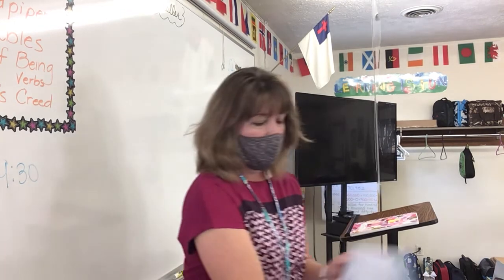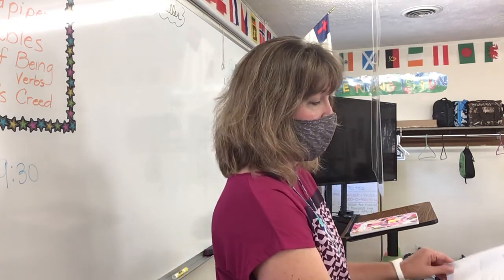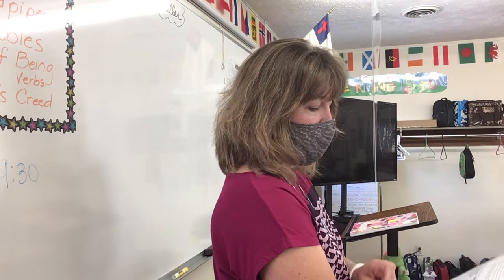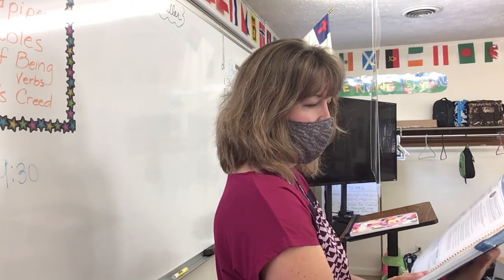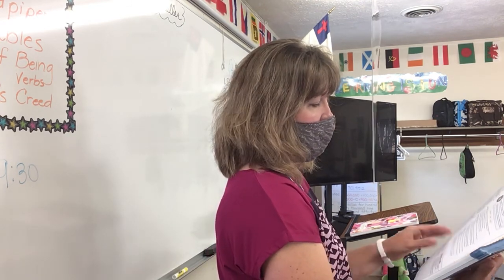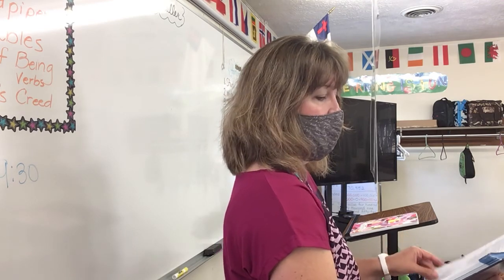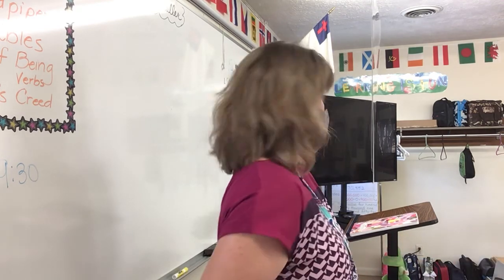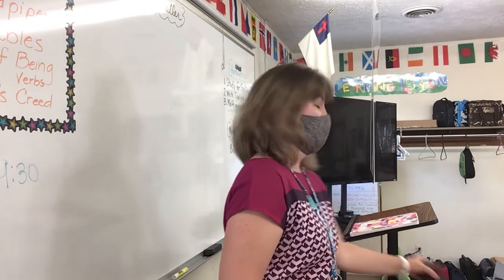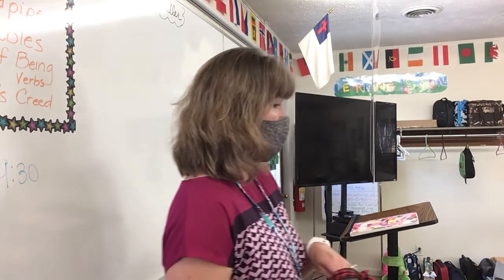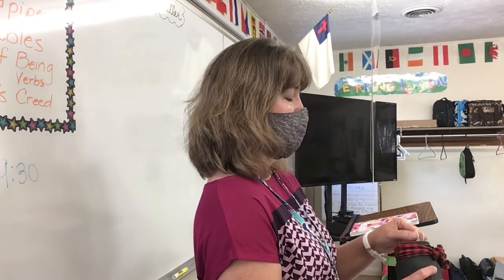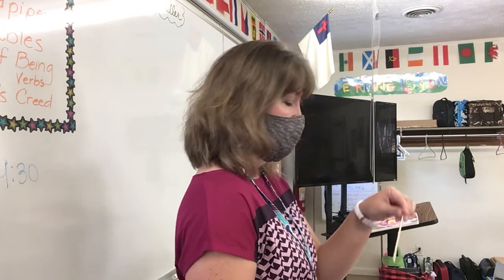So go ahead and open your language book to page 9. Page 9. And let me pick a popsicle stick, and I'm going to choose someone to read that green box at the top of the page. So Noah, nice and loud.